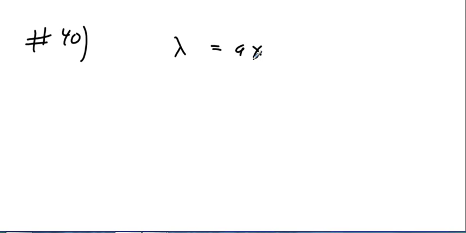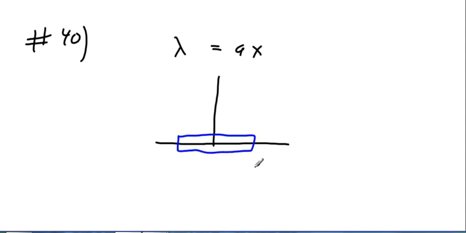Okay, so I've got an axis and I've got this rod. That's what I've got, and I've got 2L sitting there. I've got an L on one side and an L on the other side.